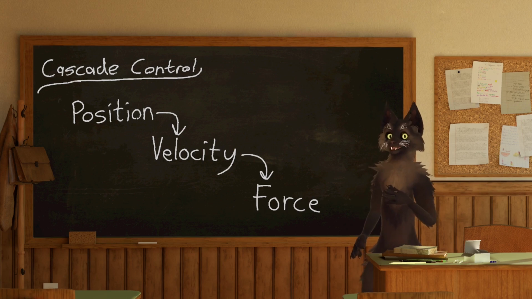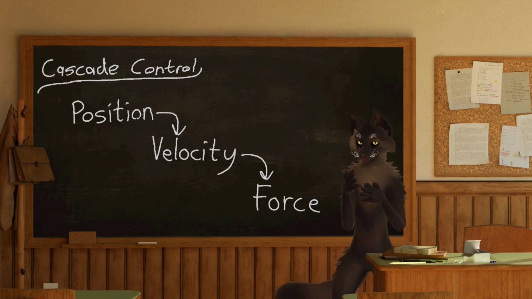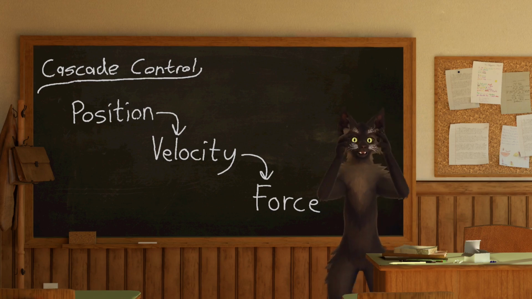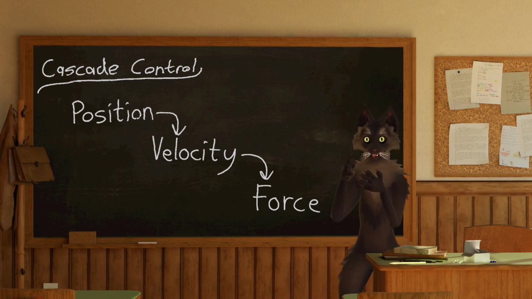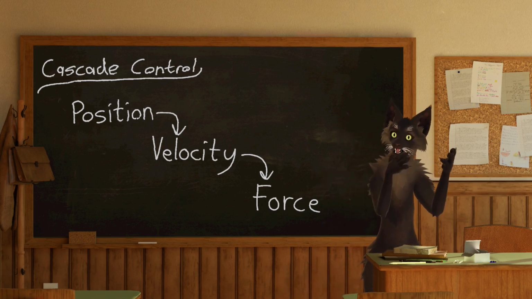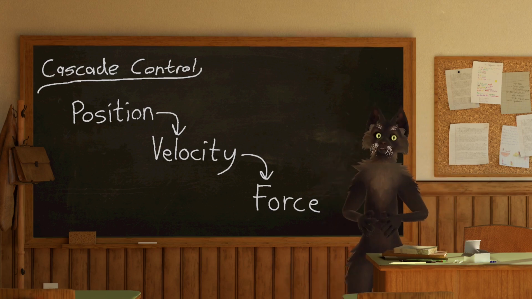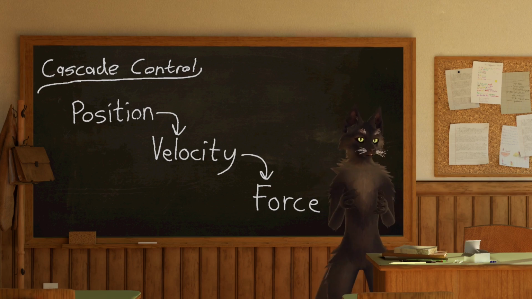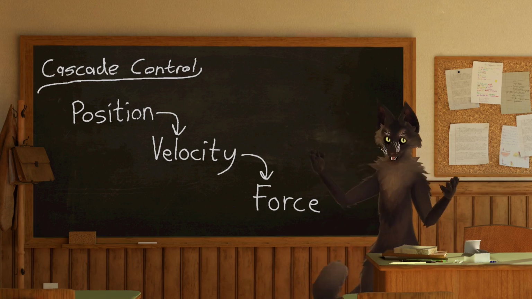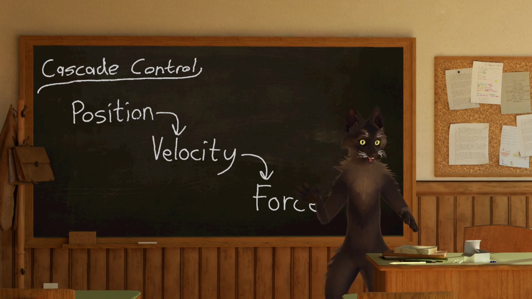Cascade Control allows the controllers to operate somewhat independently of each other, and each controller can be designed and tuned to operate in its own little domain very effectively, but also still communicate with the other controllers. Cascade Control allows many relatively simple controllers to work together to create more complex behaviors.